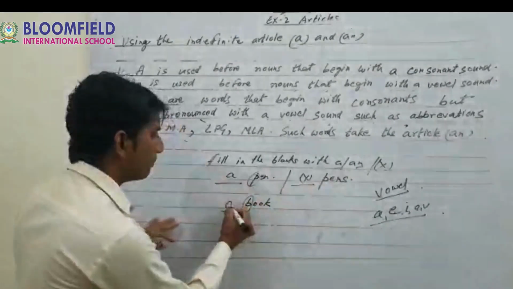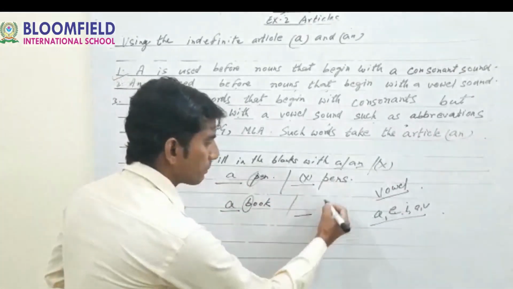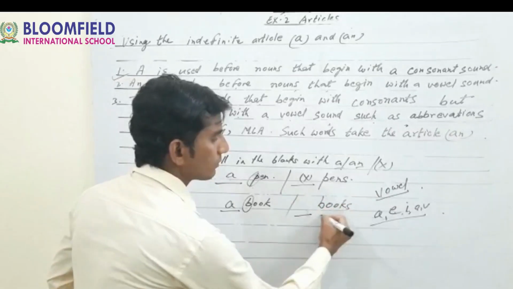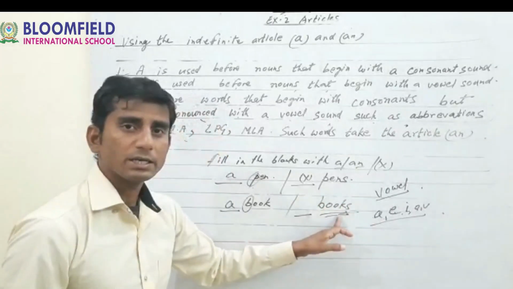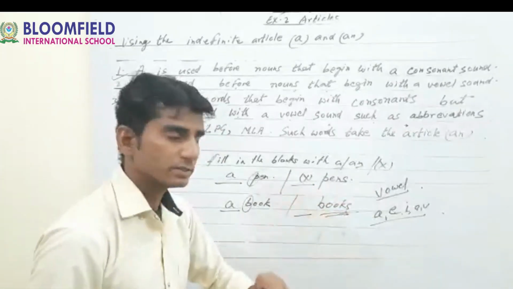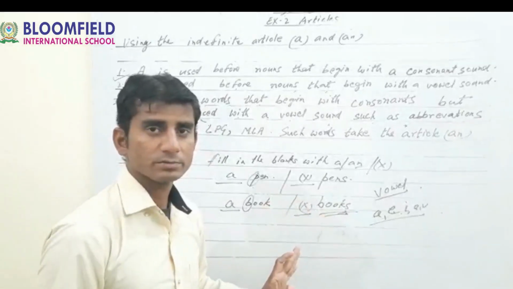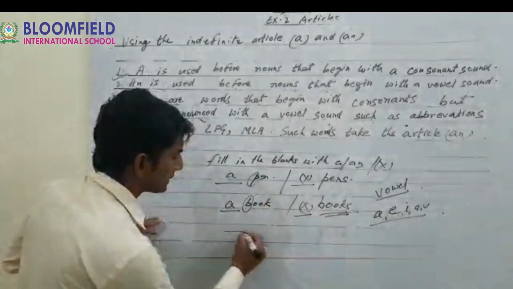Consonant, so a book. Suppose books. Then it is plural here. So what are we going to use here? No article. Yes, very good. Strike it off. Is it clear? Next, dash.